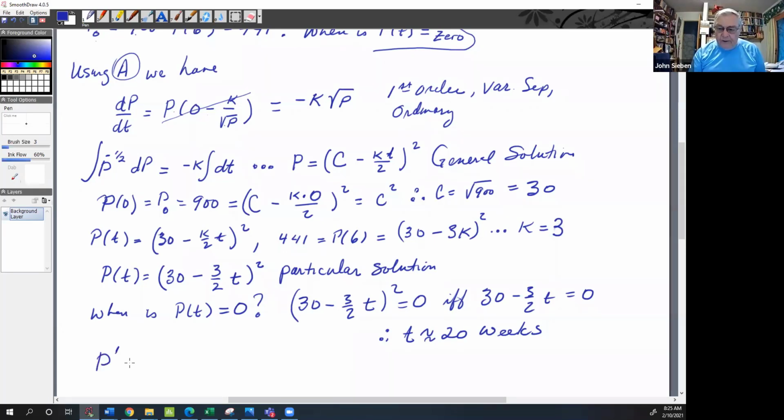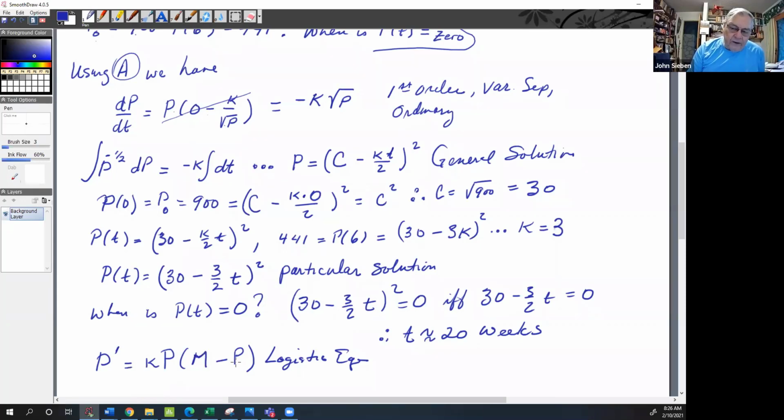P prime, the change in population, is a constant times P times M minus P. And you can see right away that this is called a logistic equation. And it has this property. M will be a constant called the carrying capacity of the environment, or the limiting population.